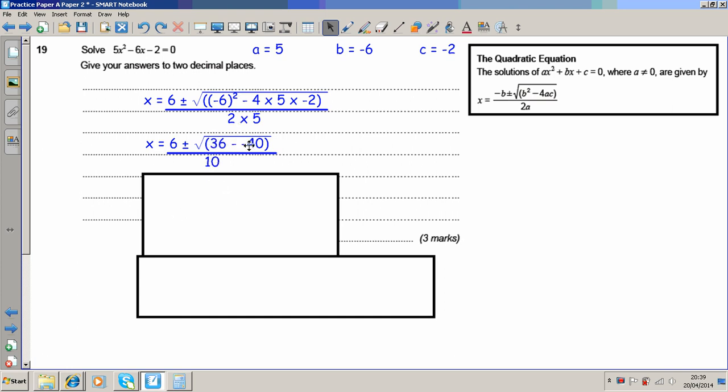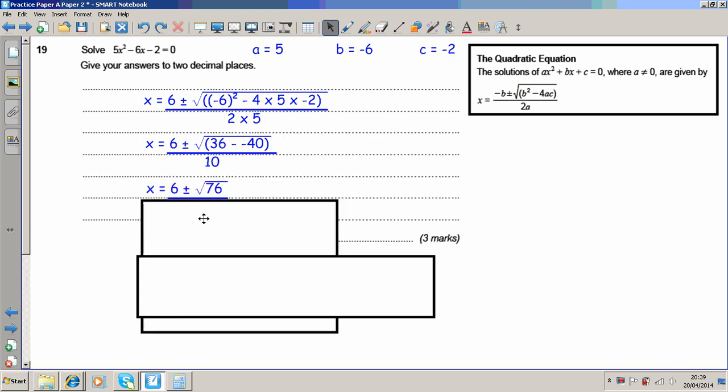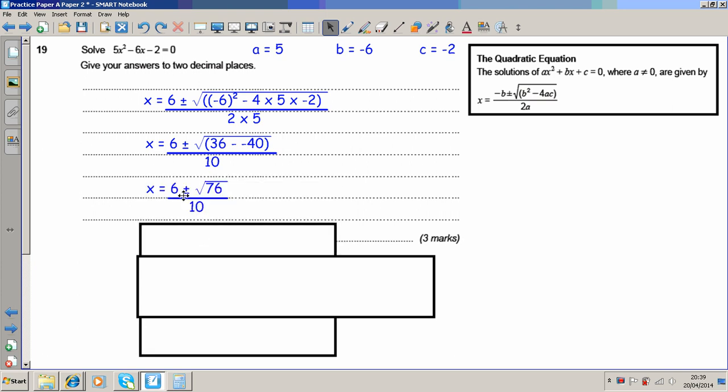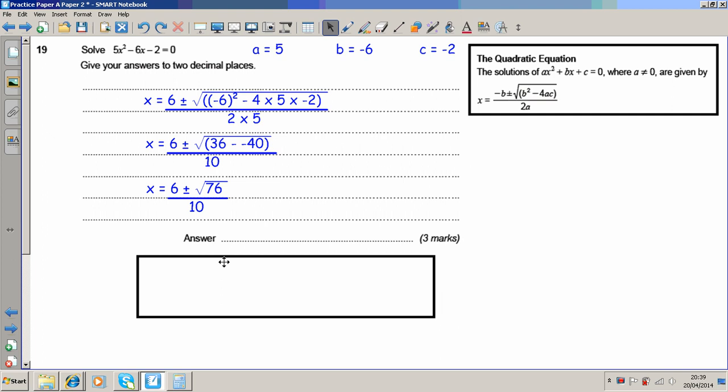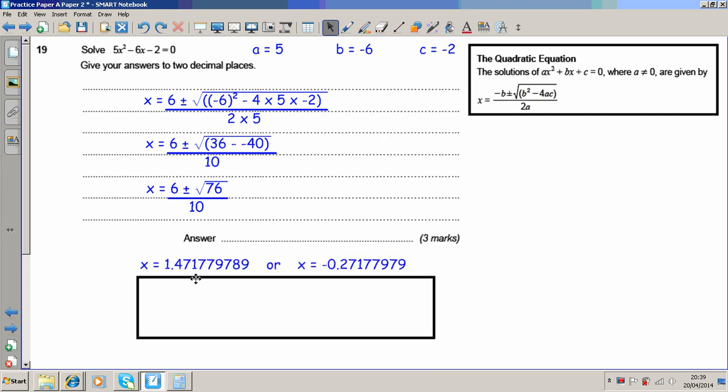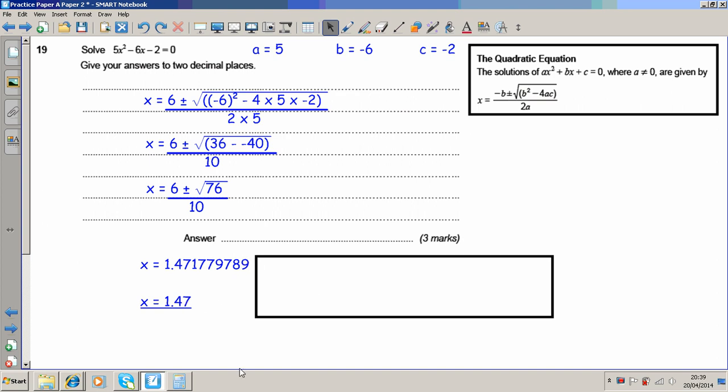Now 36 minus minus 40 is going to be 36 plus 40. So we're going to get 6 plus or minus root 76 over 10. So now we just type into our calculator 6 plus root 76 equals, then divide by 10, gives us 1.47177979. 1.47 to 2 decimal places.